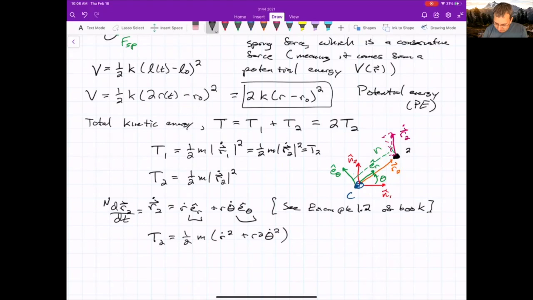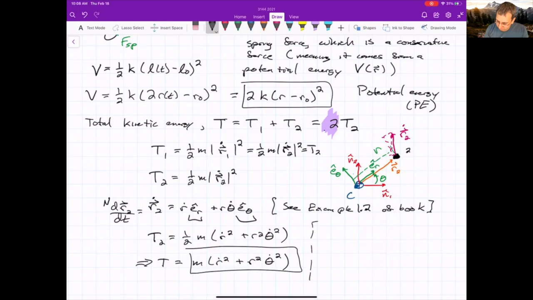The total kinetic energy is twice that. Looking up here, right, it's 2. So that means total kinetic energy is m (R dot squared plus R squared theta dot squared). Okay, cool. Now what about the total energy? Total energy is kinetic plus potential.